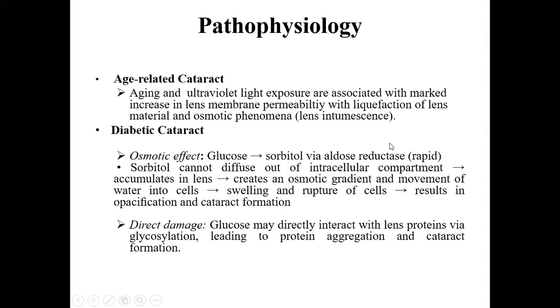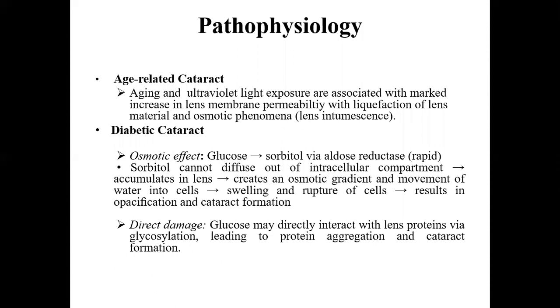So, just briefly, the pathophysiology of these cataracts, both age-related and diabetic. Aging and ultraviolet light exposure are associated with a marked increase in lens membrane permeability, with liquefaction of lens material due to osmotic phenomenon.